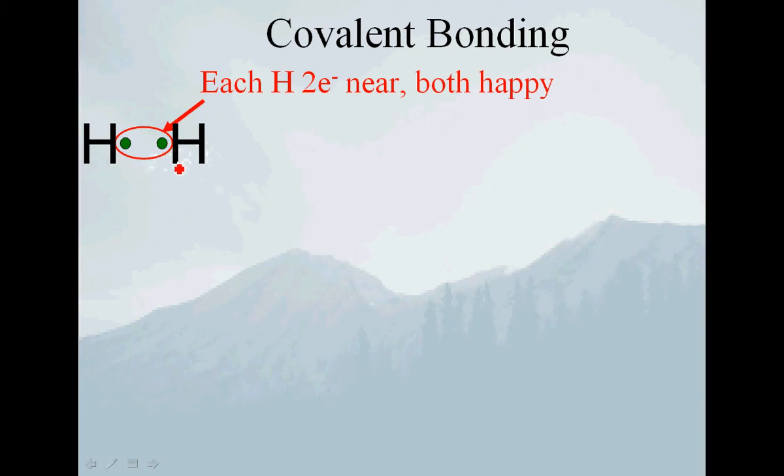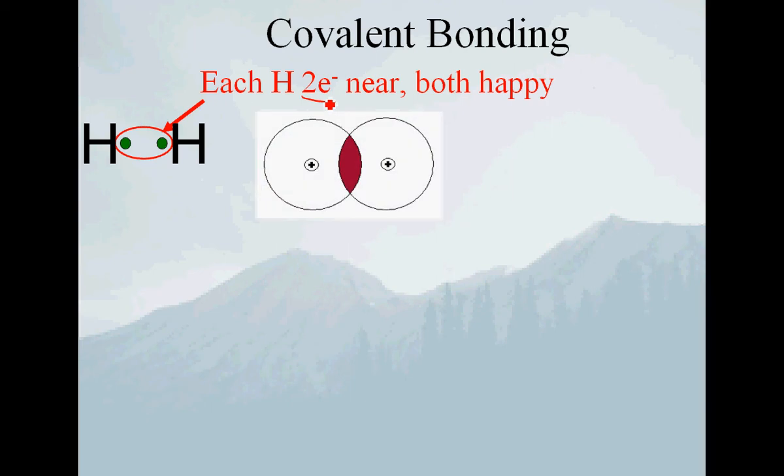So what happens is the 2 hydrogen atoms come together and physically overlap space such that each hydrogen can see both of those 2 electrons. Each hydrogen only owns 1 electron, but sees both electrons. So as far as it's concerned, each one of those hydrogens has 2 electrons in its outer shell. So each one of those hydrogens thinks it's a helium, even though it's not really. And here's sort of a Venn diagram, if you will.